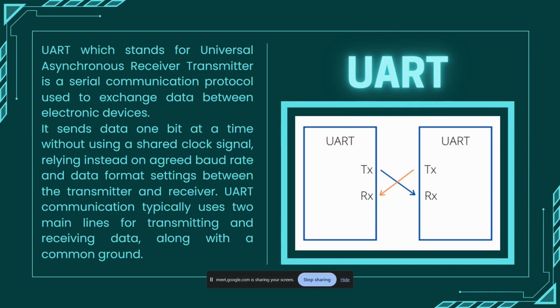Basically, in UART, you have two modules and only two modules. These two modules talk to each other simultaneously. Now, because there is no clock, you have to inform both the modules at what frequency you're talking. So the second module will start picking up data at the same frequency, and no data is lost.